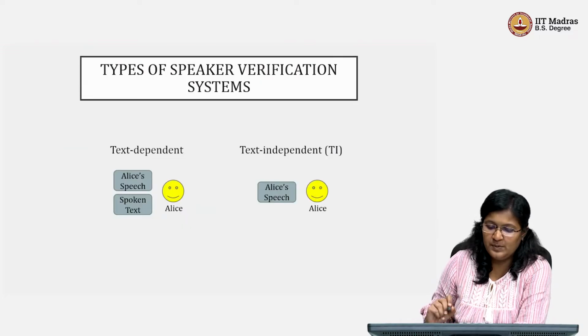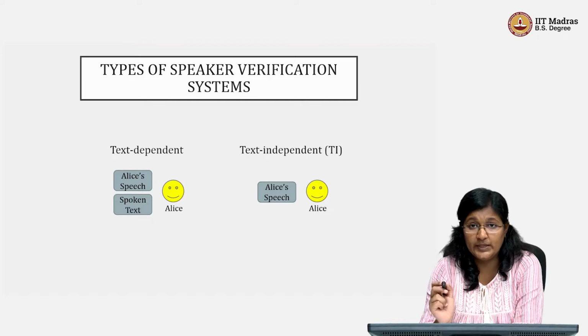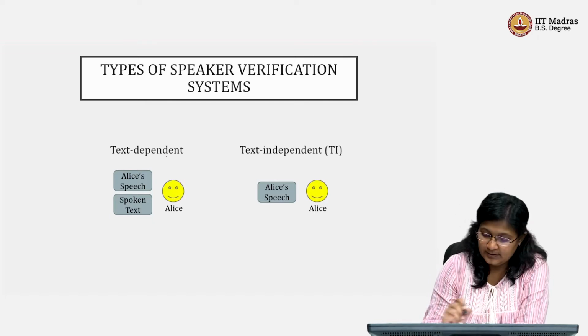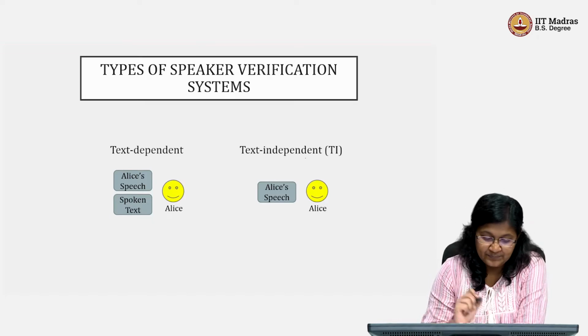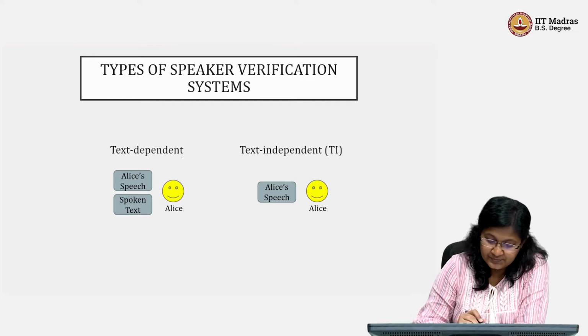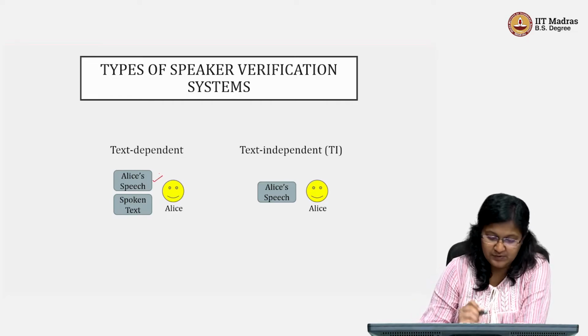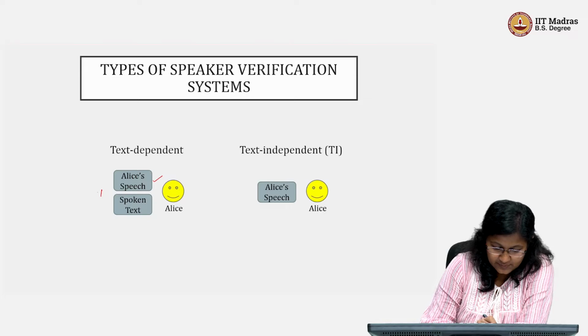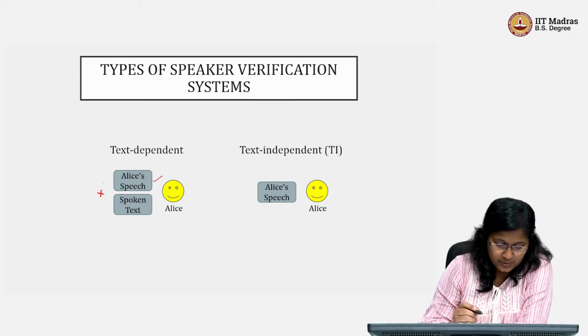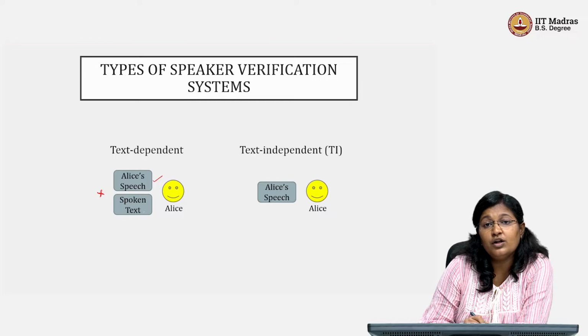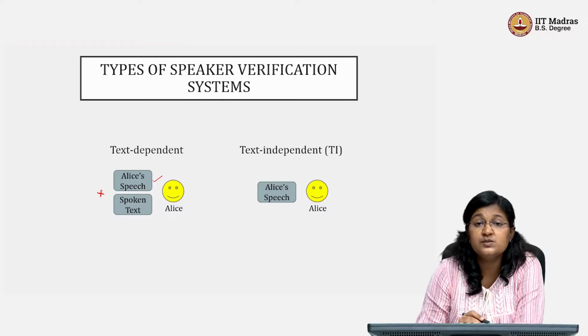Now when it comes to speaker verification systems, there are two types. One is text dependent, another one is text independent. As the name suggests, in a text dependent system, along with the speech, you have the knowledge of the text that has been spoken.